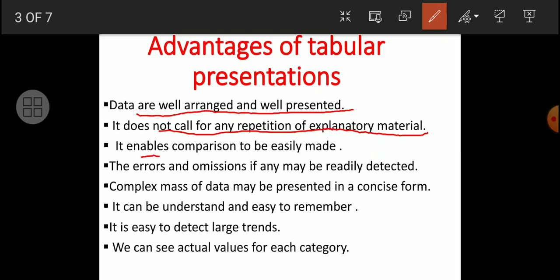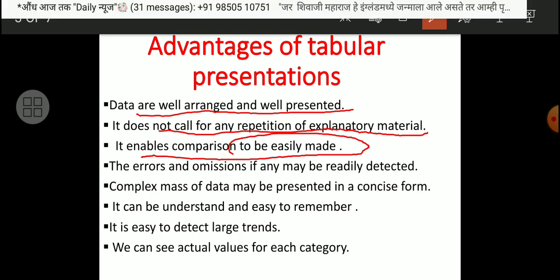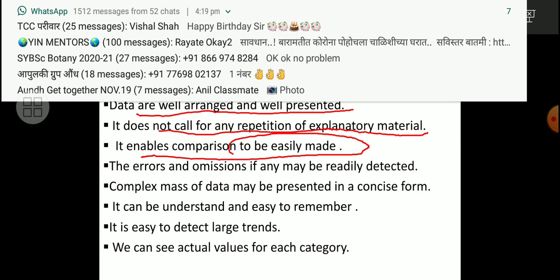It enables comparison to be easily made. So students, I will give you an example of this advantage.